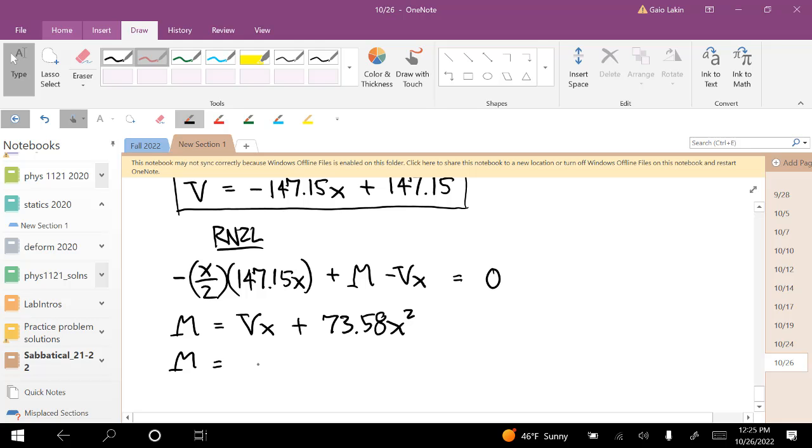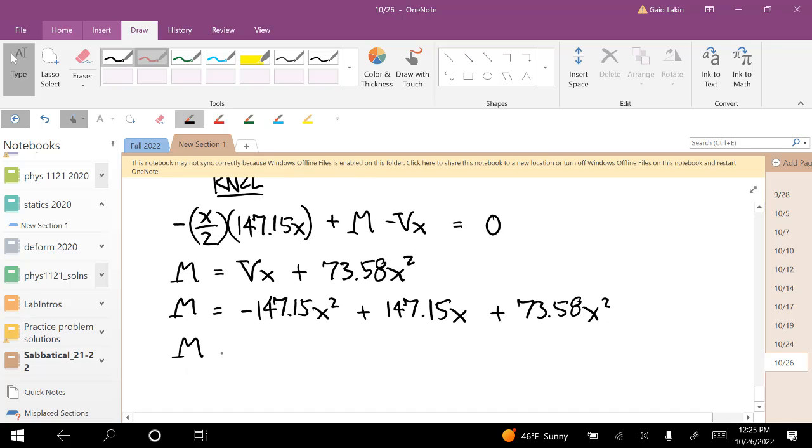So m is equal to, we have to take what's in v here and multiply it by x. So negative 147.15 x squared plus 147.15 x plus 73.58 x squared.